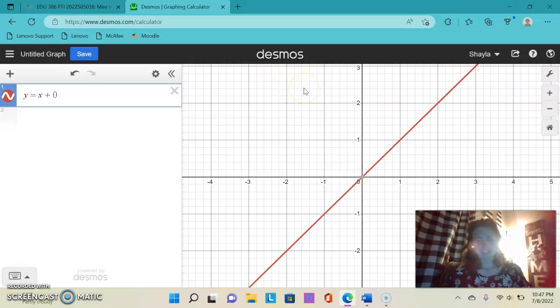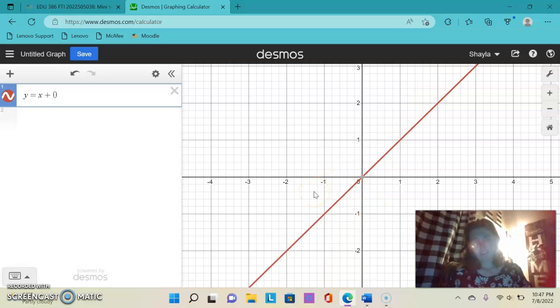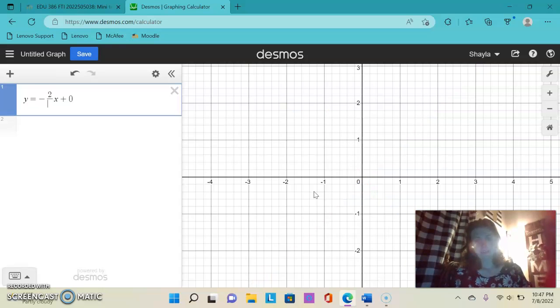So same thing, if I have it at 2, it's going to rise 2, run 1. But if I have it at -2 over 1, because we know that's the same, it's going to go down 2 over 1, down 2 over 1.